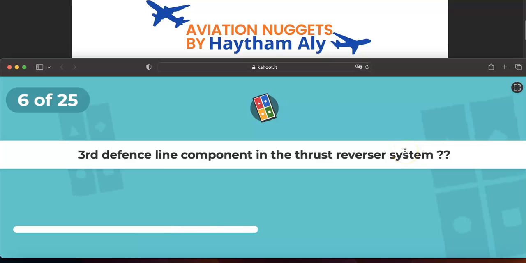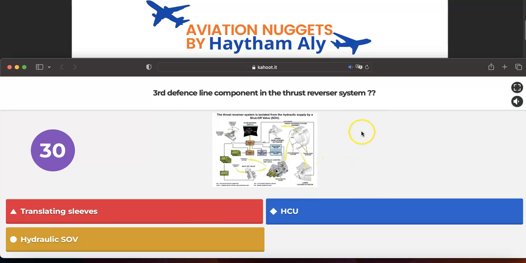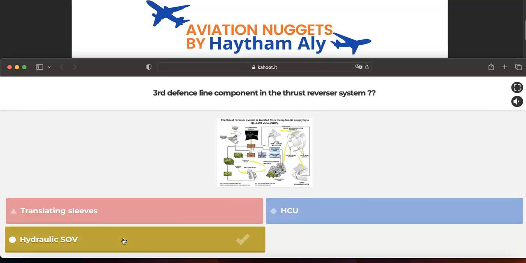Question 6 of 25. Third defense line component in the thrust reverser system. Is it the translating sleeve, hydraulic control unit, or hydraulic shutoff valve? The right answer is hydraulic shutoff valve.